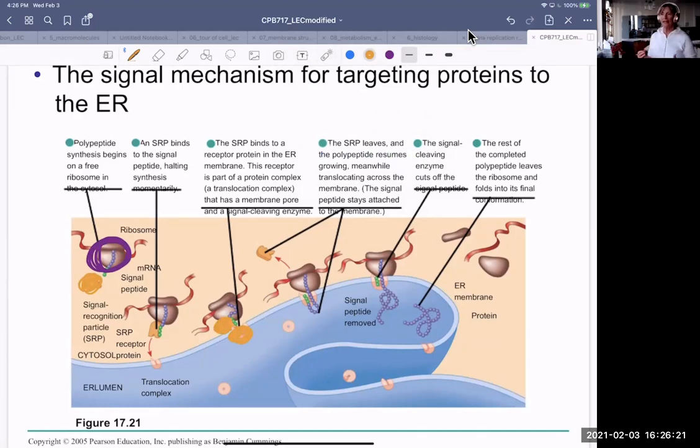That's kind of like docking at a wharf. It binds there so that the remaining translation can occur inside the endoplasmic reticulum.